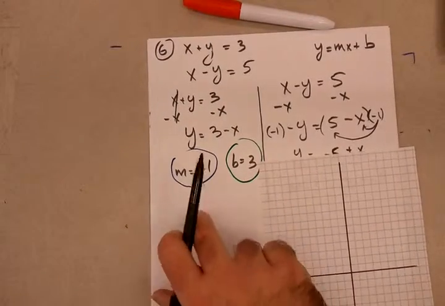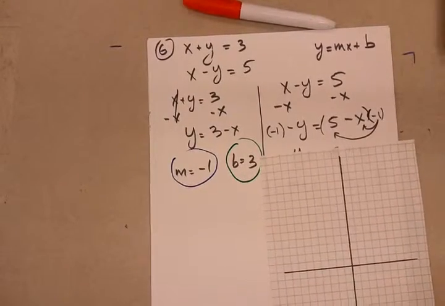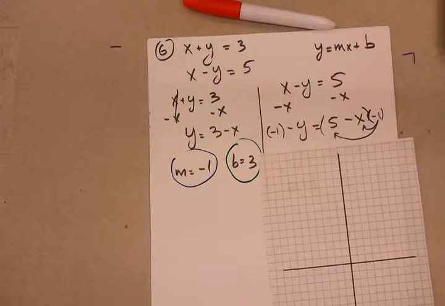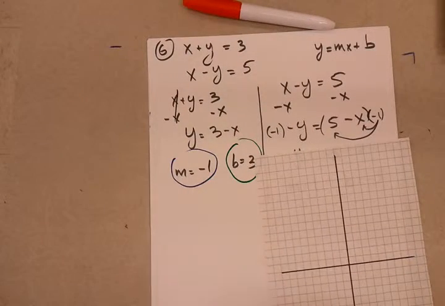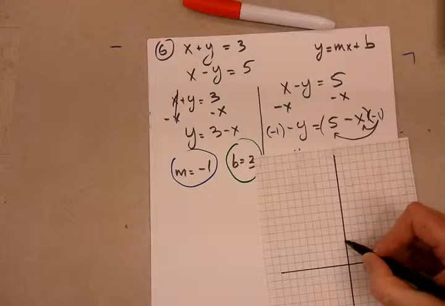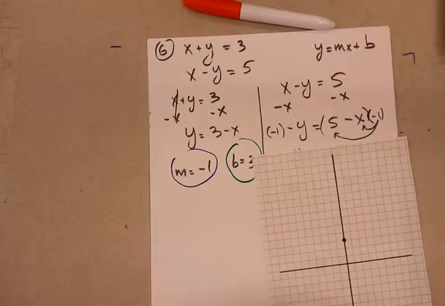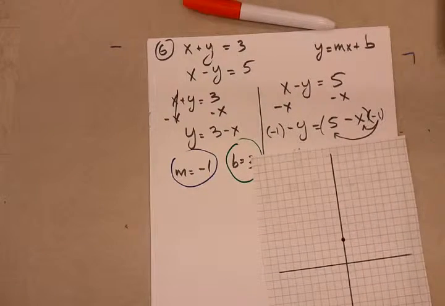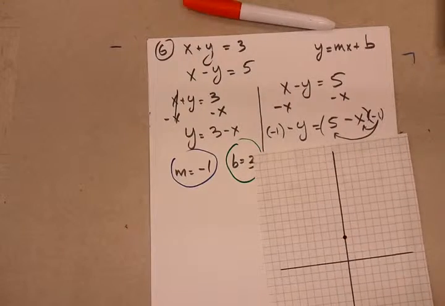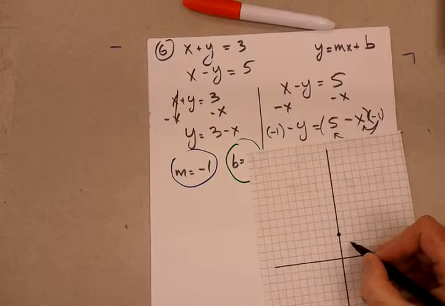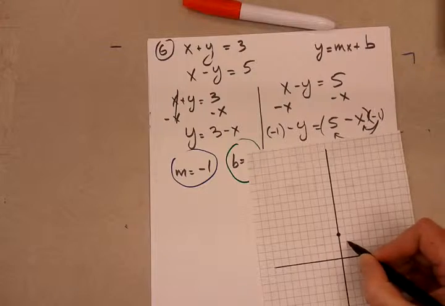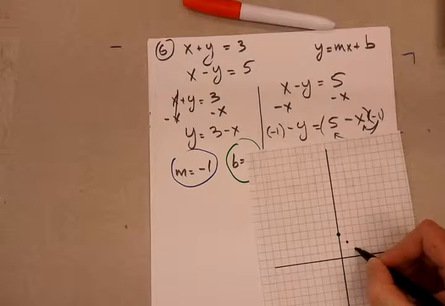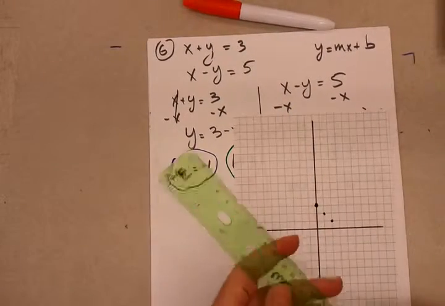The first equation, I'm going to graph in black. The intercept is +3. The slope is -1, which is the same as -1 over 1. So down 1 over 1, down 1 over 1. And that's enough to get us going.